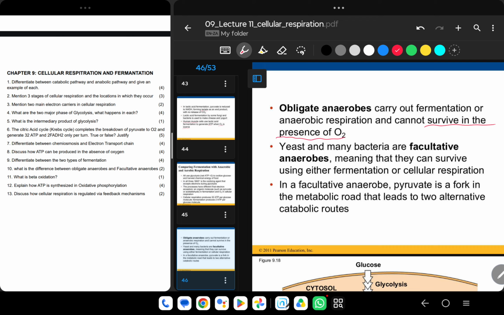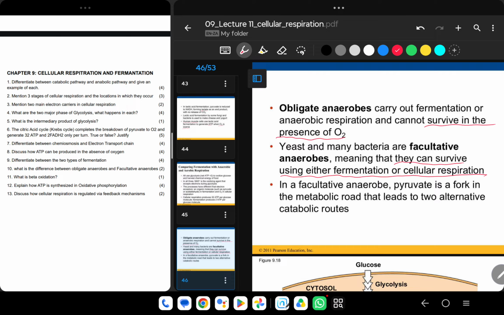Whereas the facultative anaerobes can survive using either fermentation or cellular respiration. So these ones don't care if there is oxygen or no oxygen. They can survive either way. So that is the difference between those two. Keep it in mind. You're going to see it somewhere.